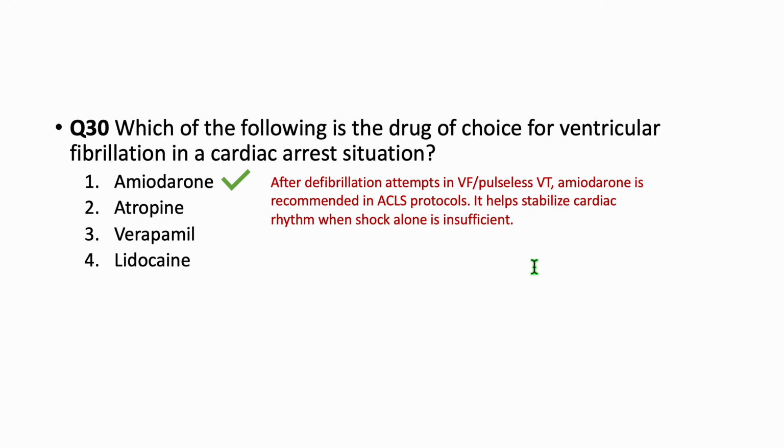After defibrillation attempts in pulseless ventricular fibrillation, amiodarone is recommended in advanced cardiac protocols since it helps stabilize cardiac rhythm when shock alone is insufficient. So whenever there is ventricular fibrillation or a cardiac arrest situation, amiodarone is our first choice or primary drug of choice. So this was all about this video.